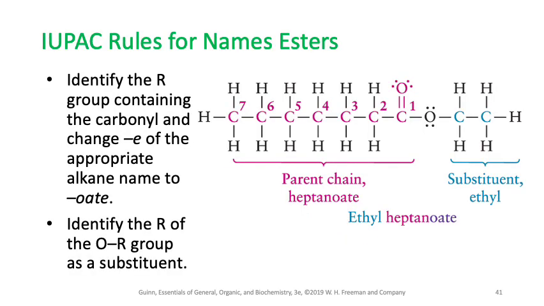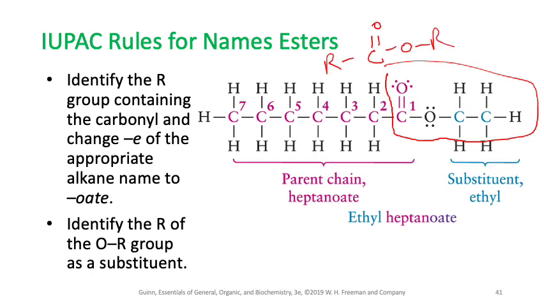So let's try to name this compound. The foremost thing you need to ask yourself is which functional group is present, if there is any. When I see C double bond O, and this R, so this is R, C double bond O, R, this is an ester. The R group present with the oxygen, we treat as an alkyl group. How many carbons are in here? We have 2, 1, 2. 2 is ethane, ethyl.